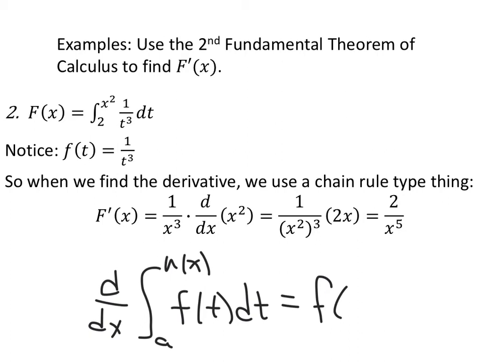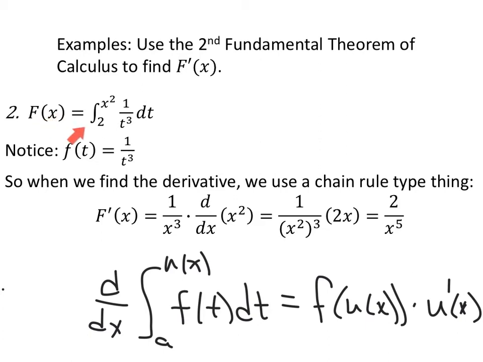Let's make it correct: little f of u of x times the derivative of u of x. That's what the second fundamental theorem of calculus states. And it's not necessarily obvious from the original definition. I don't know why I didn't think of that when I was typing, but I should have typed this in. Let's see what's going on here.